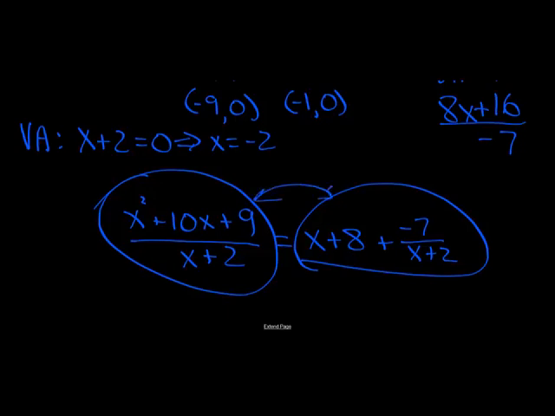But for very large values of x, we can see that this thing right here just goes to 0, right? Think about it. You've got -7 divided by this increasingly large number down here. A billion, a trillion, 10 trillion.